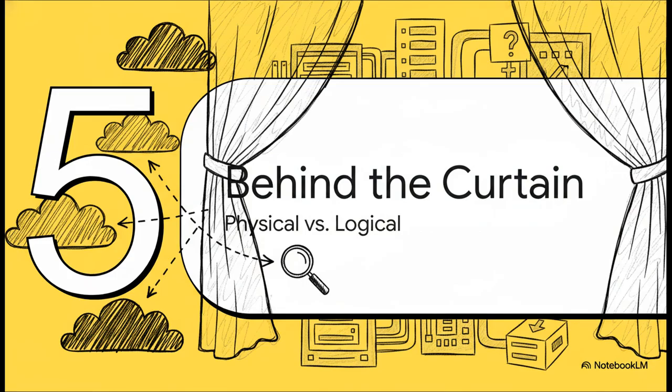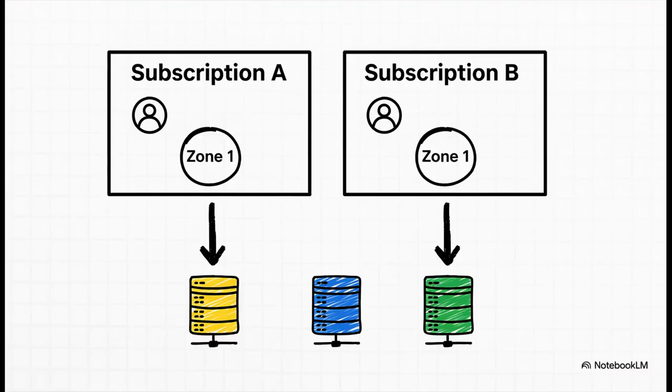Okay, now for a really fascinating little detail that trips up a lot of smart people. That thing you see in the Azure portal called Zone 1, it might not be the same physical Zone 1 for your colleague. Let's peel back the curtain on this idea of physical versus logical zones. This is a classic pro tip right here. You know those zone numbers you pick when you deploy something, 1, 2, or 3? Those are logical identifiers, and they are unique to your subscription. They don't actually correspond to a fixed physical building address that's the same for everyone.